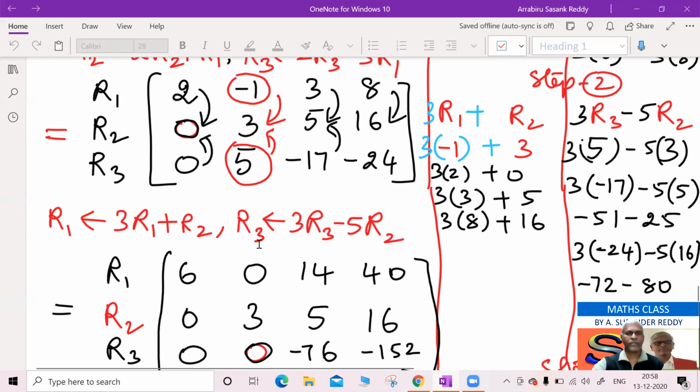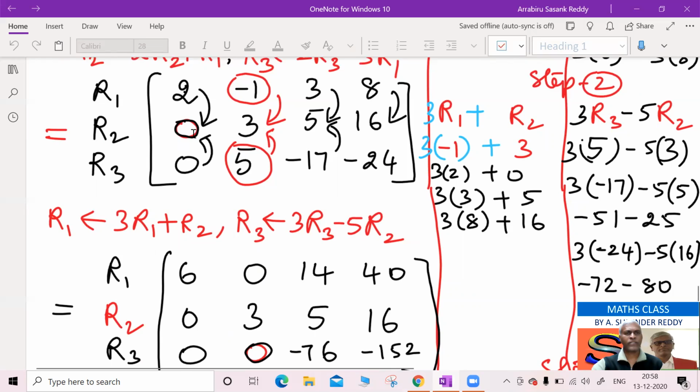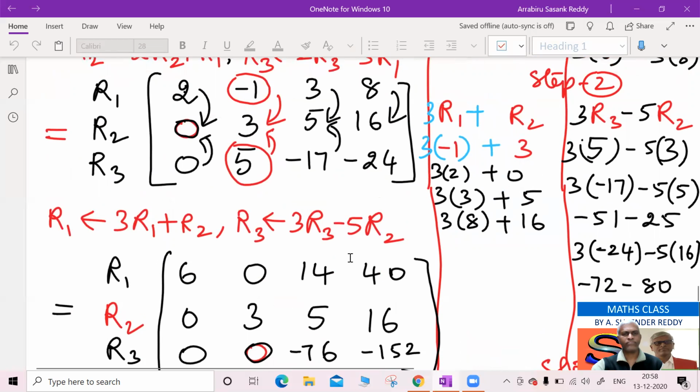Applying this transformation, the entire third row changes. So in place of 5, you get 0. In place of the first 0, you take 0, 0 and substitute in this formula, R3 0, R2 0, you get 0 only. So take -17 and 5.